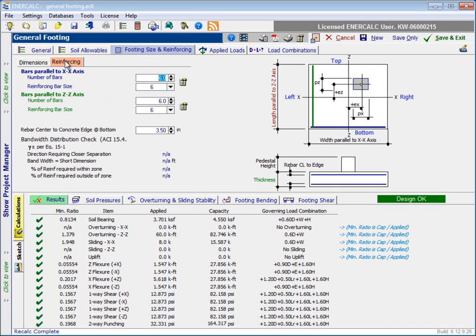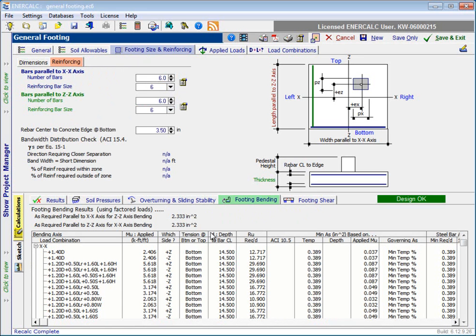But then what we can do is come back and just revisit the reinforcing. Again, a couple different ways we can do this. Remember that when we were on the footing bending tab, we saw a report of the area of steel that was required. It was 2.33 square inches for the current design conditions.